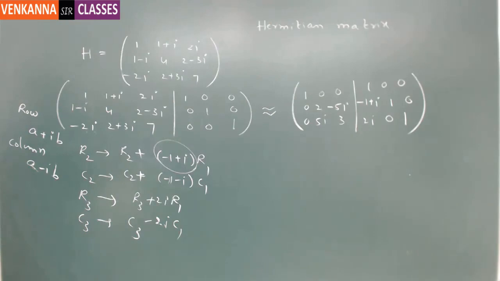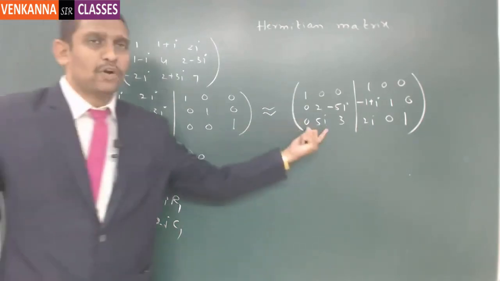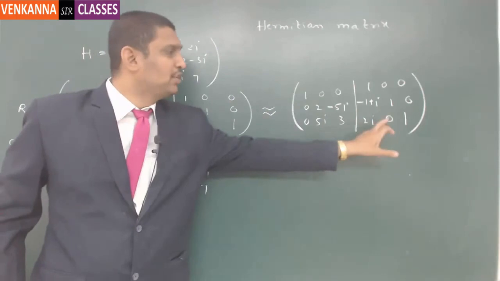Applying both row and column, it will be transformed into this model. Applying only row, it will come into this model.